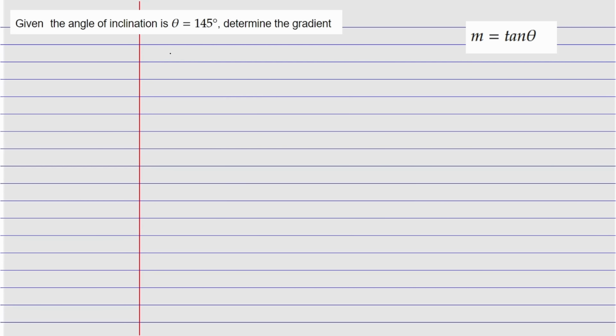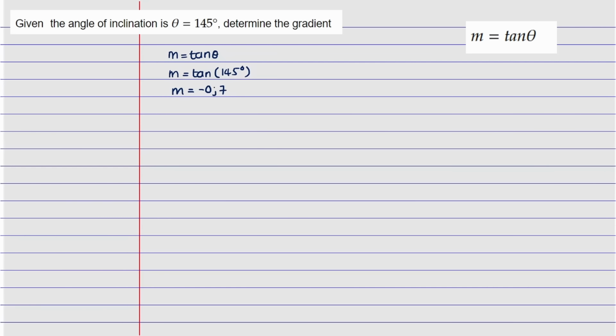So here we know that the relationship is m equals tan theta, right? They gave you theta, so m equals tan of 145 degrees. When you say tan of 145 degrees, you're going to get that your gradient is going to be negative 0.7.